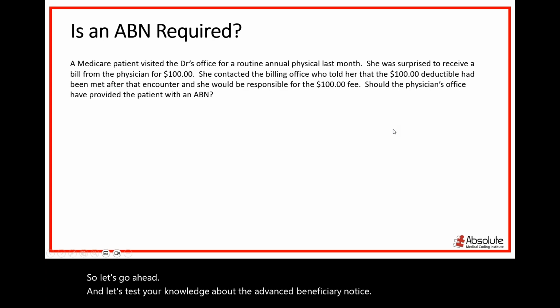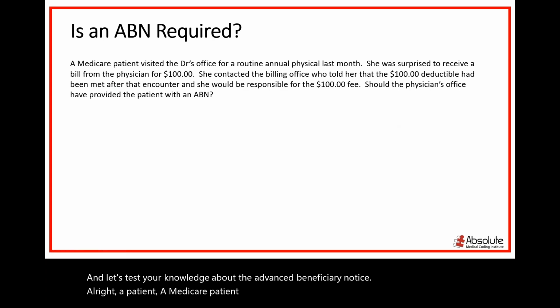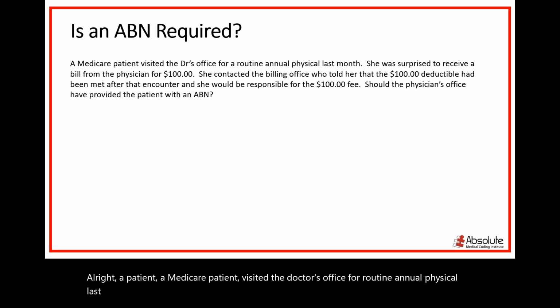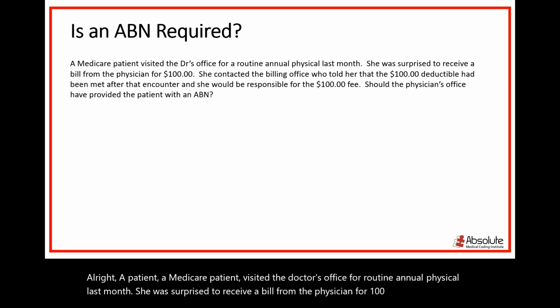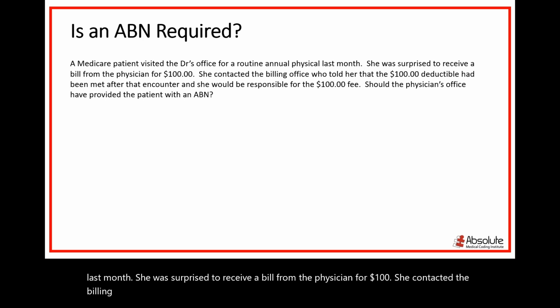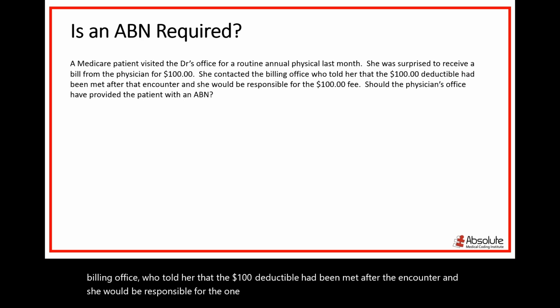All right. A Medicare patient visited the doctor's office for a routine annual physical last month. She was surprised to receive a bill from the physician for $100. She contacted the billing office, who told her that the $100 deductible had been met after the encounter, and she would be responsible for the $100 fee.